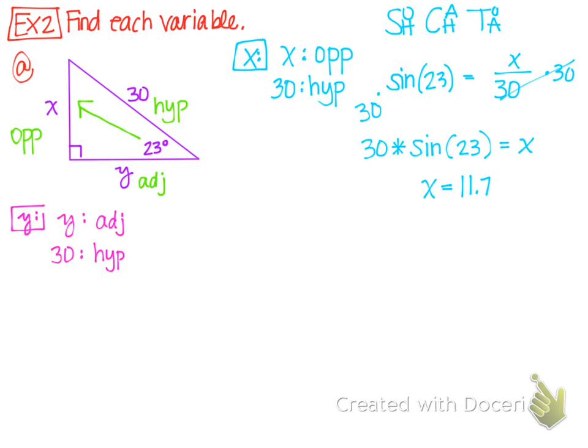So we've taken these, and then we have to decide which trig ratio we're using. We're looking for whatever trig ratio has A and H in it. That is cosine. So we're going to set up this ratio: cosine of our angle, which is 23, is equal to adjacent, which is y, over hypotenuse, which is 30. Similarly to the one before, to get y by itself, we have to multiply both sides by 30.